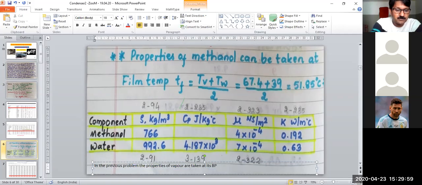In this problem, the properties are taken like this: boiling point of vapor plus average water temperature divided by 2.